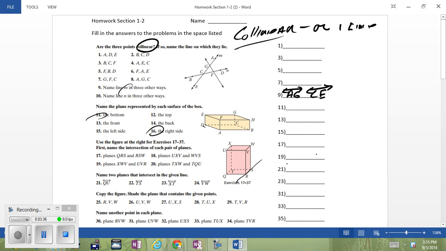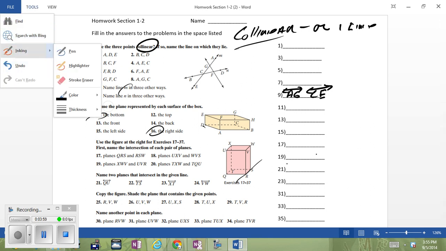Number 17 says QRS. QRS is the plane which is the floor, okay? RSW is the plane which is the right wall. They intersect at line RS. So line RS would serve as the intersection for those 2 planes.